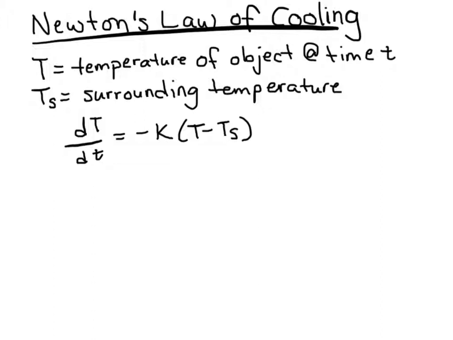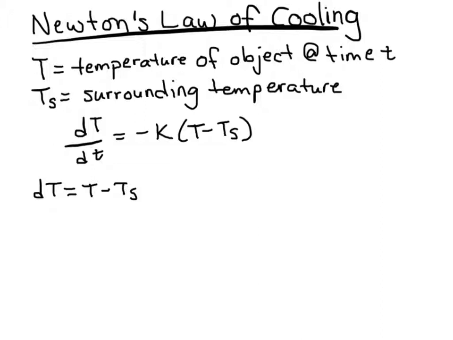Because for the change in temperature, you take how much it started at, and eventually it'll get down to the surrounding temperature. So the change in temperature is just the difference between those.